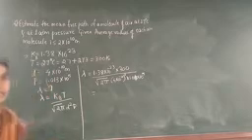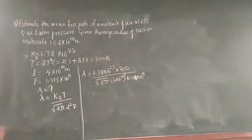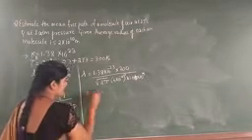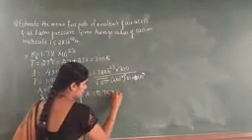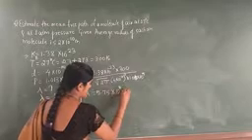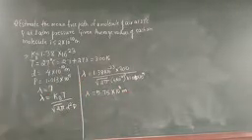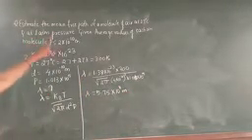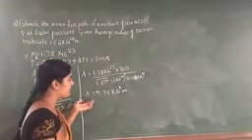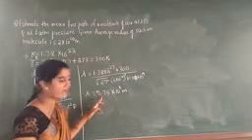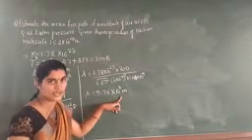Therefore, the value of lambda we get is 5.75 into 10 raised to 8 meter. So, the mean free path of a molecule is 5.75 into 10 raised to 8 meter.